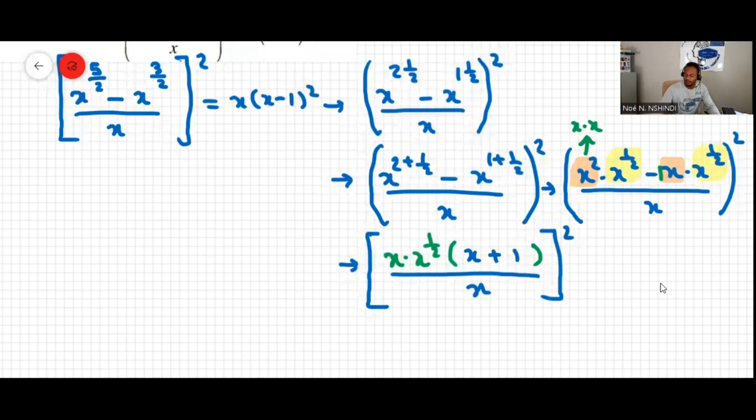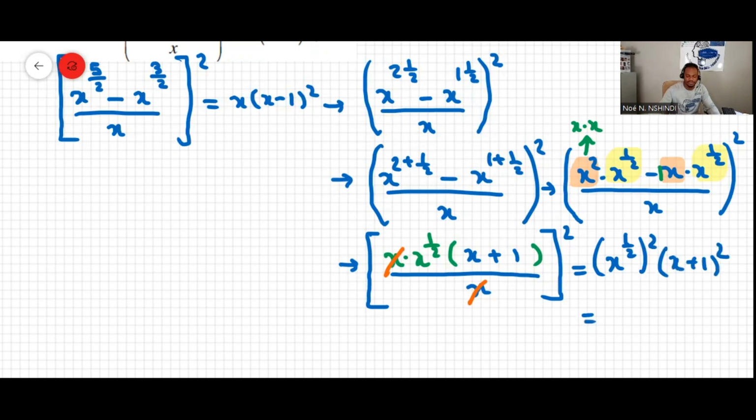Then we can simplify this expression. We can simplify x with x, and then this to the power of 2 means x to the power of a half is now to the power of 2, and x plus 1 is also to the power of 2.